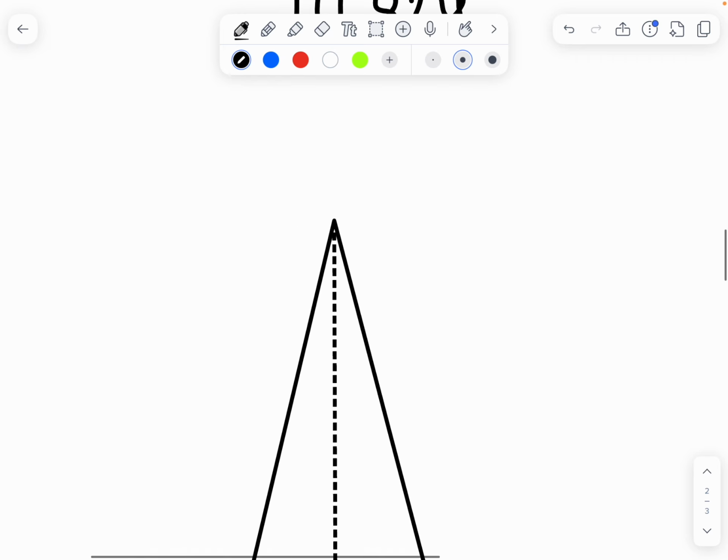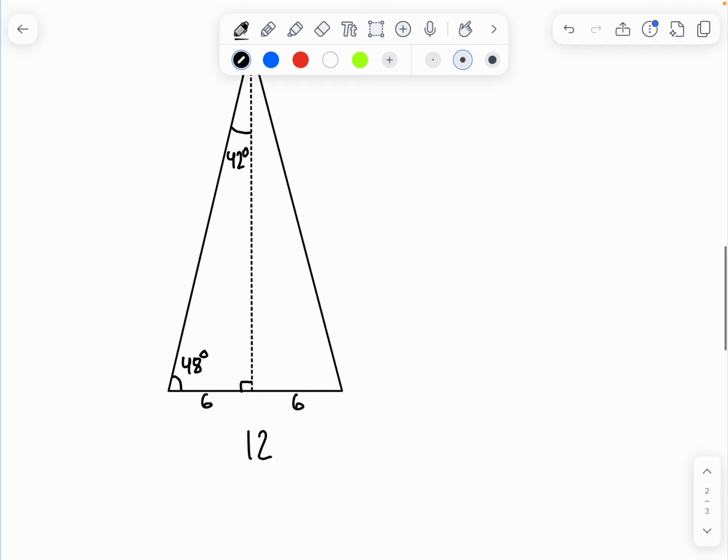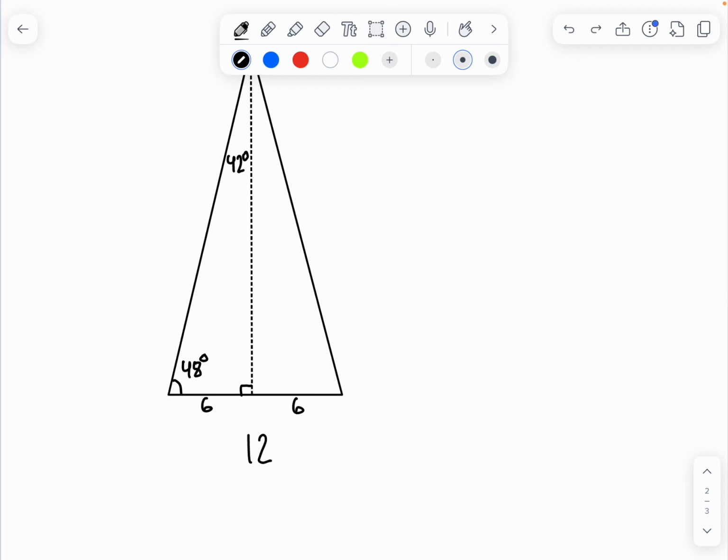So this equals 42. Okay, now that we have that, we can find the two equal sides now.